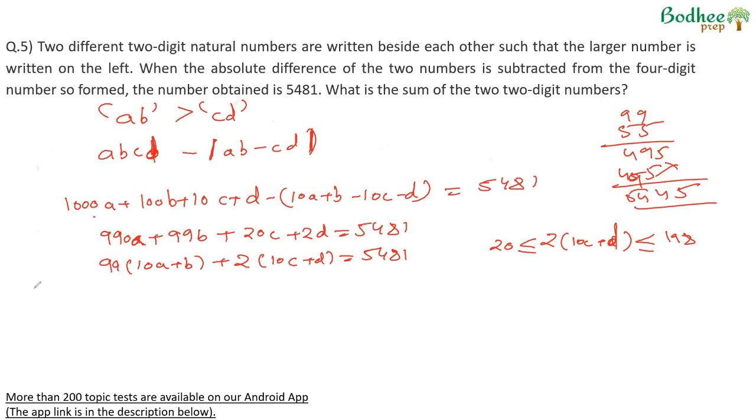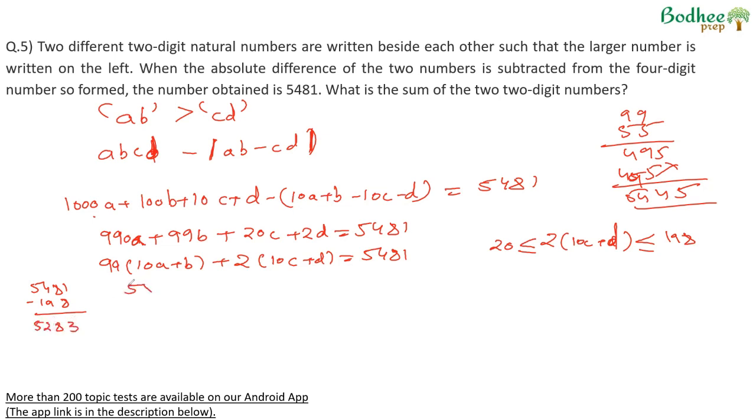If we subtract 198 from 5481, we get the minimum value that 99 into (10A plus B) has to have: 5283.